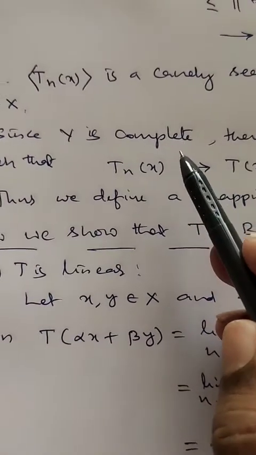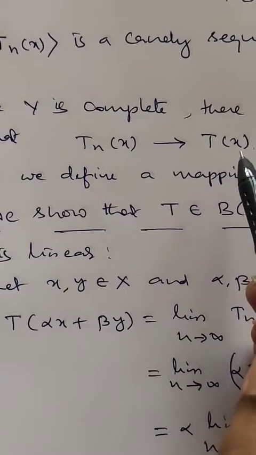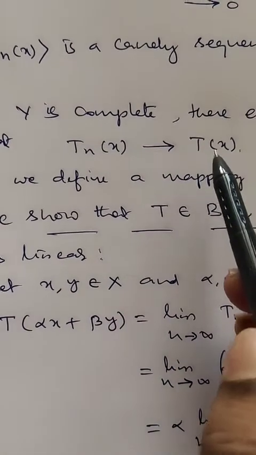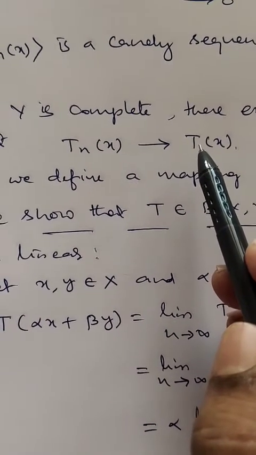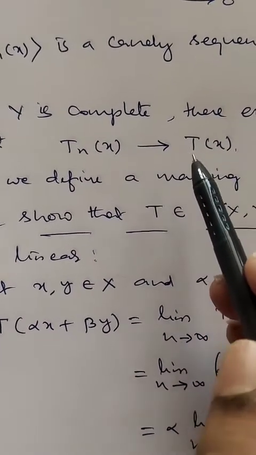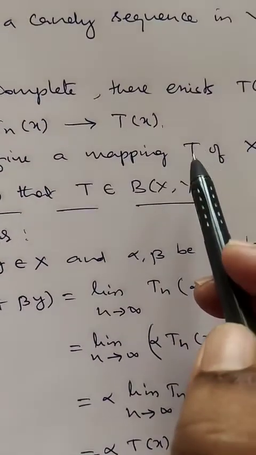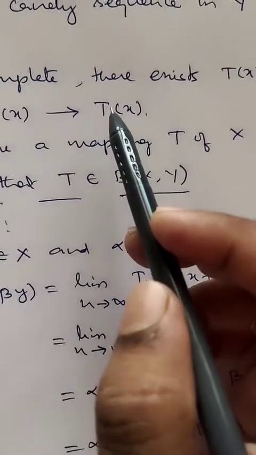Y is complete means there exists some vector, say T of x in Y, such that Tn of x converges to T of x. Now Tn of x converges to some T of x in Y, so this gives the existence of some transformation T. Thus we define the mapping T from X into Y. We have the existence of the mapping T.